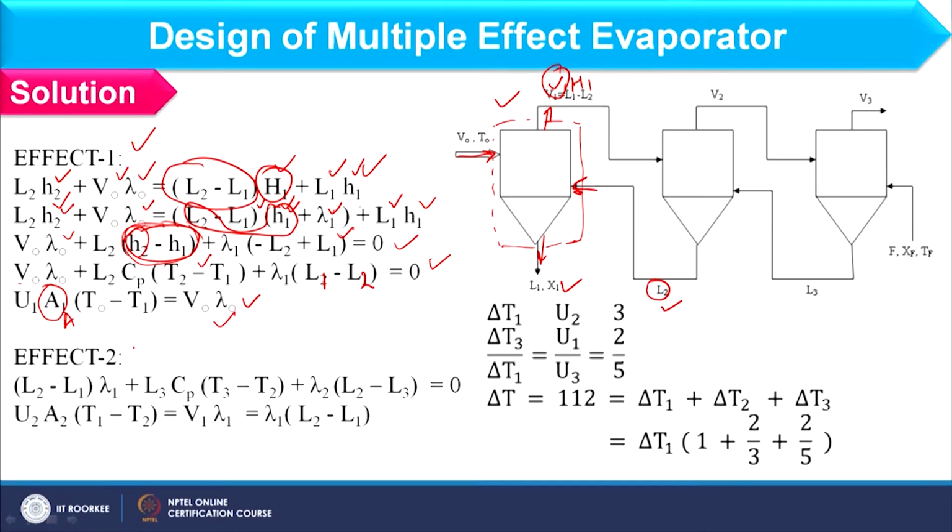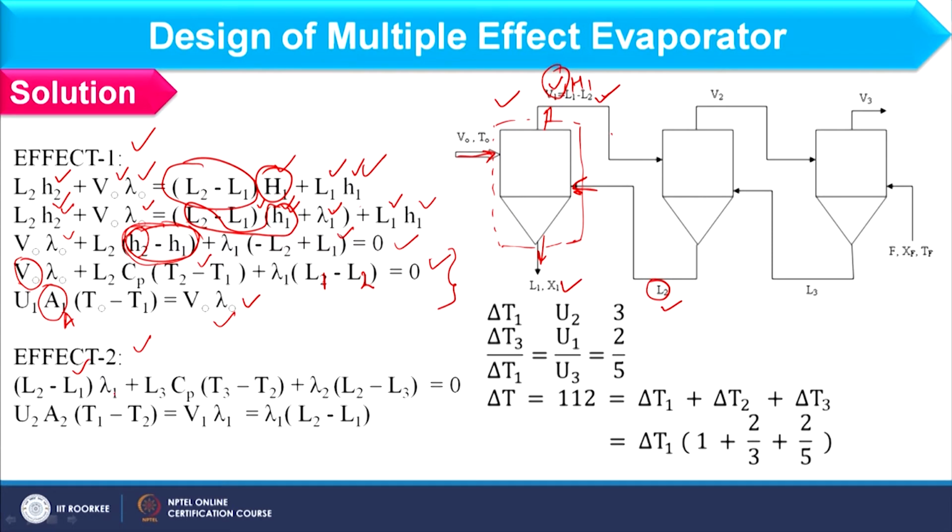In the similar line, I can derive the equation for effect 2, but as I have derived equation for first effect, I can simply expand that to effect number 2, and for this here I should consider V1, okay. So, that V1 is nothing but L2 minus L1, fine, as you can see over here.